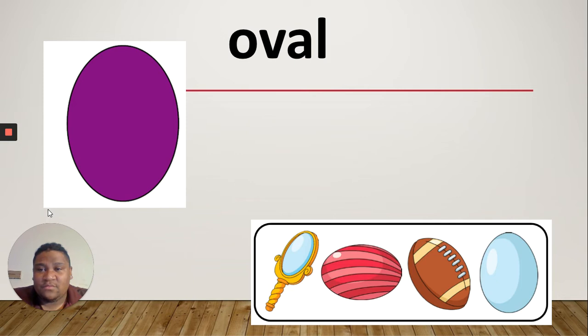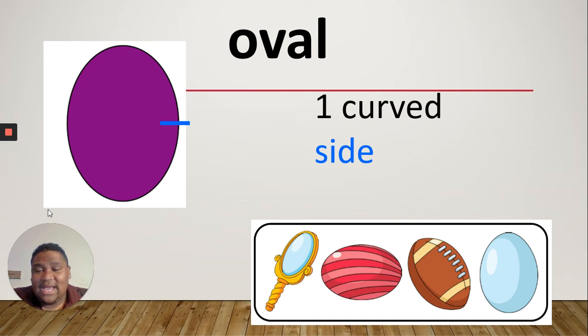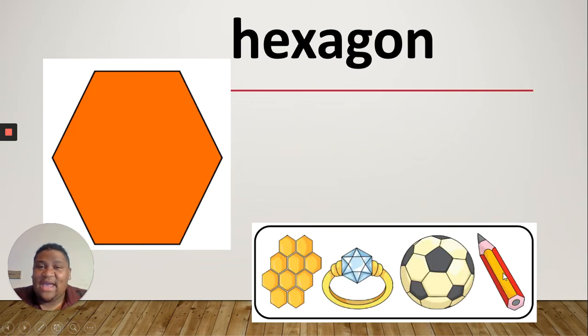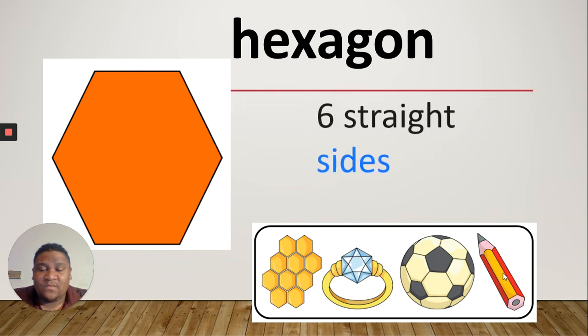We have an oval. An oval is similar to a circle. However, it is elongated just a little bit. So, of course, it has 1 curved side and 0 vertices. You can look at the frame of this mirror, this ball, this football, and this egg. And we have a hexagon.